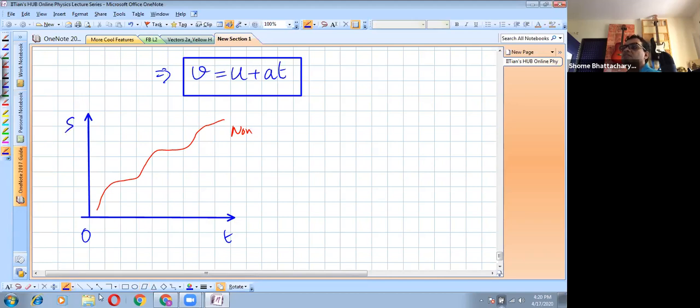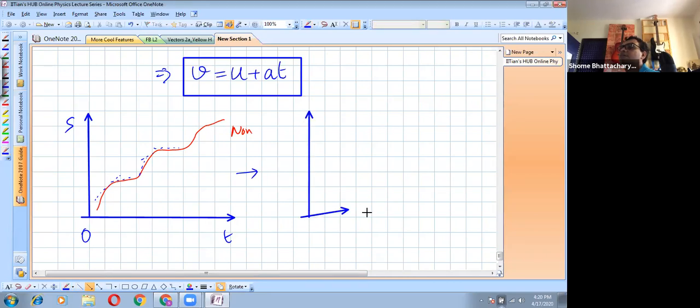So this is telling me that if I want to find out what we call the instantaneous velocity at any point of time, it is equal to the slope of the graph. It's like this, like this, like this, so all the time the slope is changing.